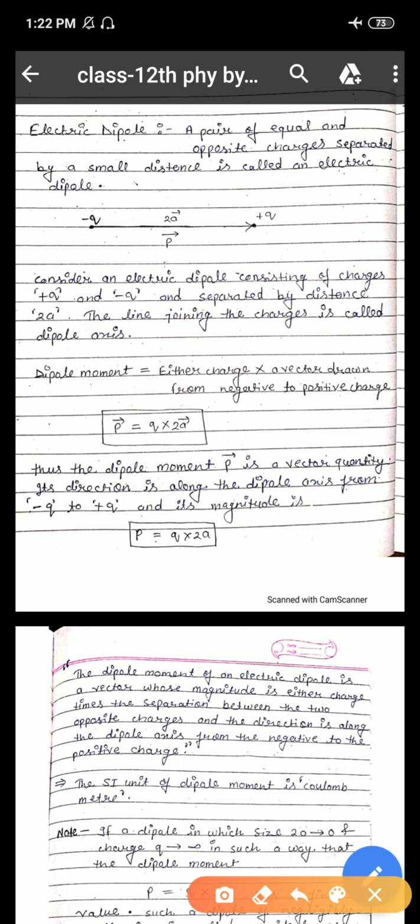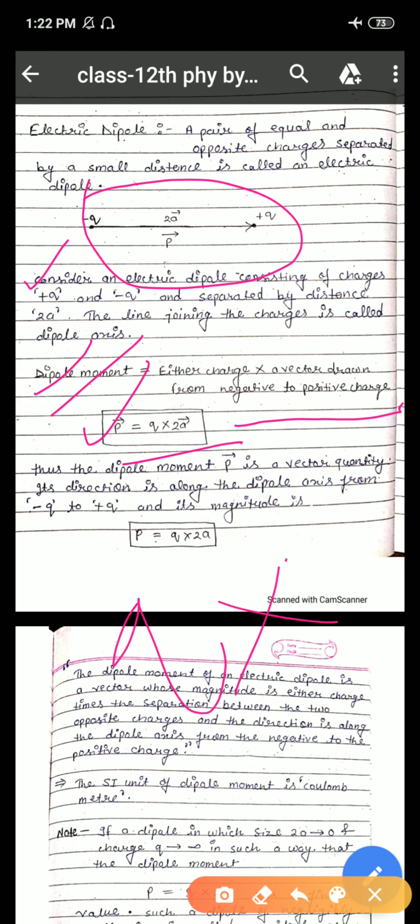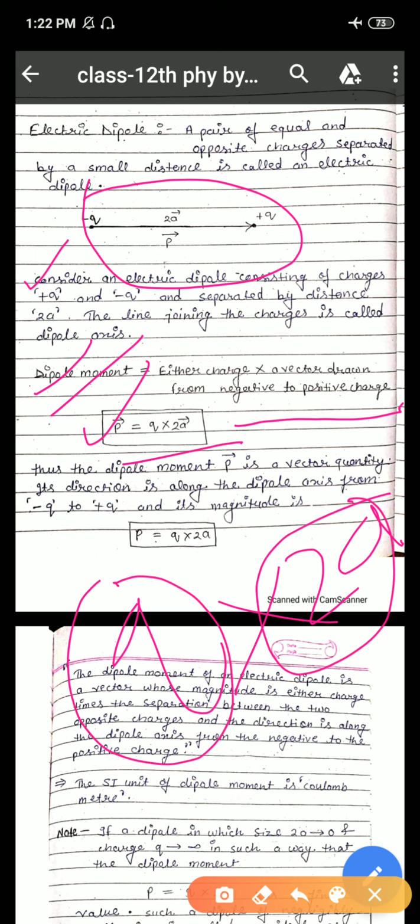Now the dipole moment is a vector drawn from negative to positive charge. It means when this is the dipole, it has some moment, and this is known as the dipole moment. Dipole moment is represented by p, and p is equal to q times 2a. Here q is the charge and 2a is the distance between them.